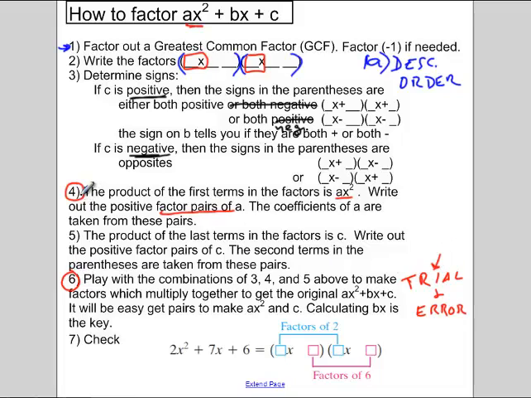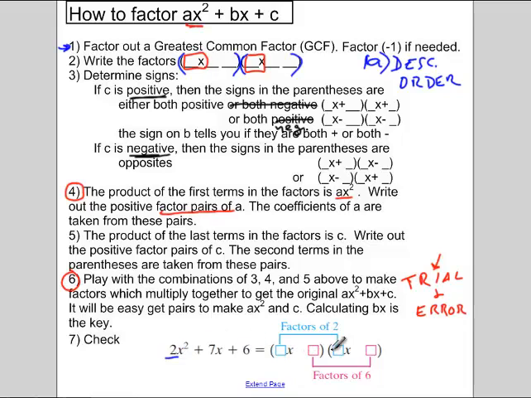Step number 4 is new as well, where we have to find factor pairs of a. So let's go through maybe just an example here of just a generic term. If I've got 2x squared plus 7x plus 6, well, the factors of a have to go here. So right here, I'll make this blue. Here's my a. This number times that number has to give me 2x squared.